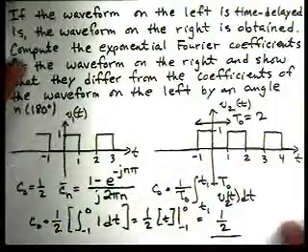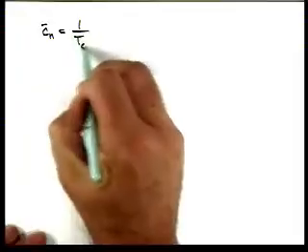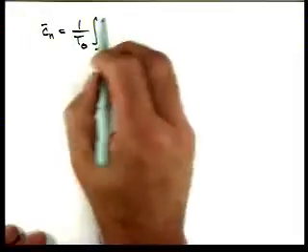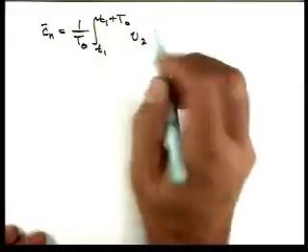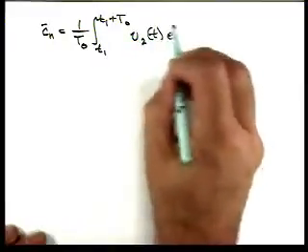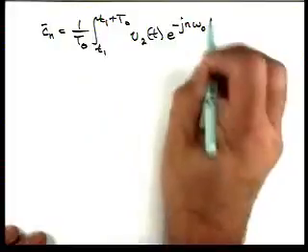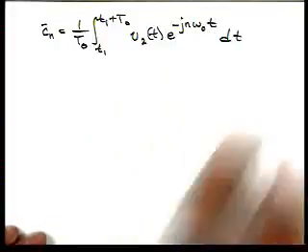Now let's calculate the C sub n. C sub n is 1 over T0, integral from T1 to T1 plus T0 of v2 of t e to the minus j n omega naught t dt.